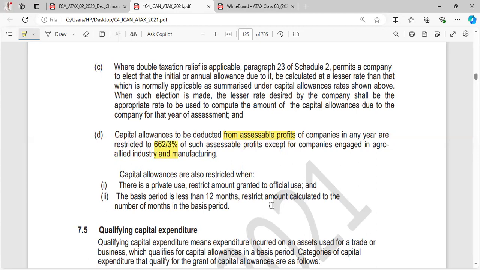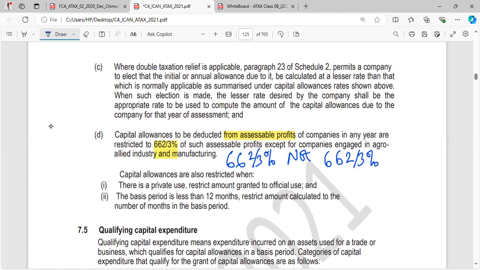This is the right way it should be: 66 2/3% and not 662/3%. There are two different things.